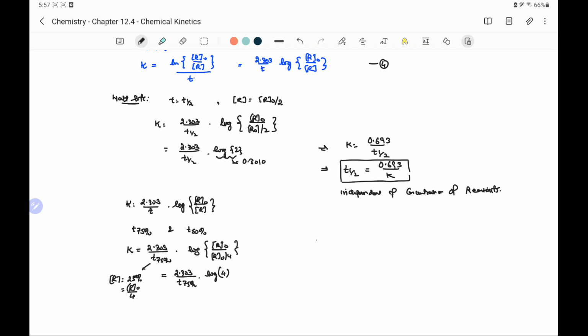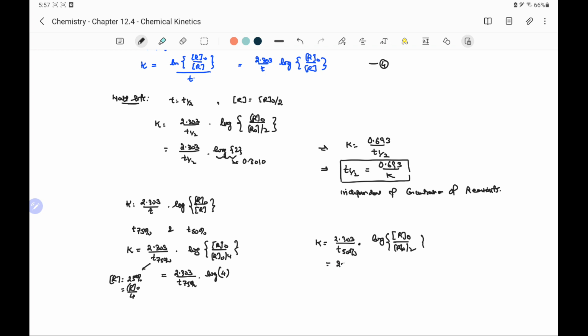Similarly, for 50%, the rate constant will be equal to 2.303 by t50% into log of the initial concentration R0 by the remaining concentration after 50%, which is R0 by 2.